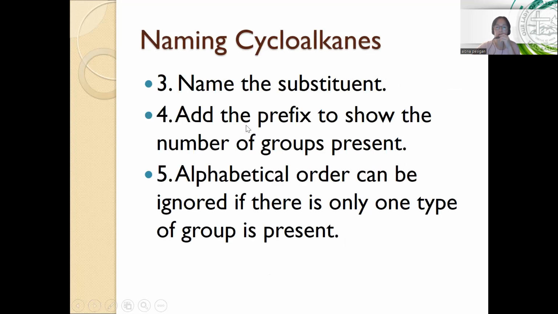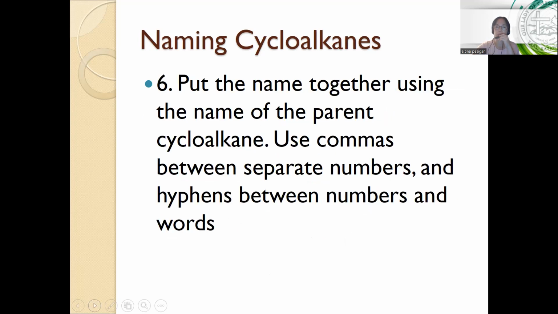Name the substituent and add the prefix to show the number of groups present. Alphabetical order can be ignored if only one type of group is present, but if there is more than one, you have to alphabetize. Put the name together using the name of the parent cycloalkane. Again, use commas to separate numbers and hyphens between numbers and words.